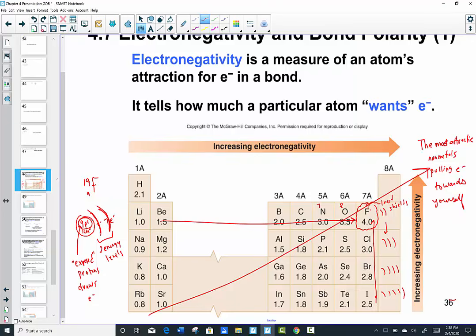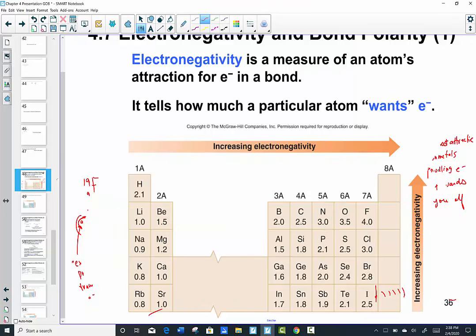And I placed one of these in here for you in your notepad. And I don't really think you rely on the numbers so much as you rely on a trend. The closer you are to fluorine, the more electronegative you are. If you rely on the trend, you'll be able to predict the answers without having to know these specific numbers.